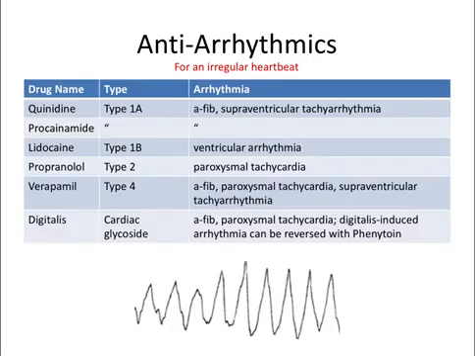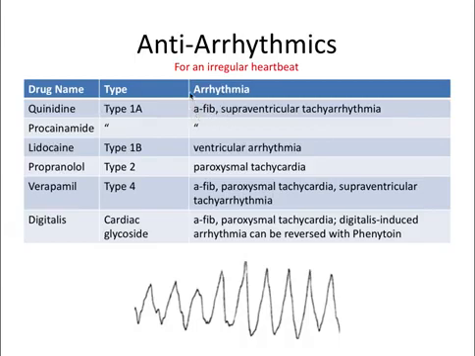And here are the specific antiarrhythmics. If you have any extra room for memorization, these can be really helpful to know, or at least which of these specific antiarrhythmics can be used to treat atrial fibrillation, or AFib for short.